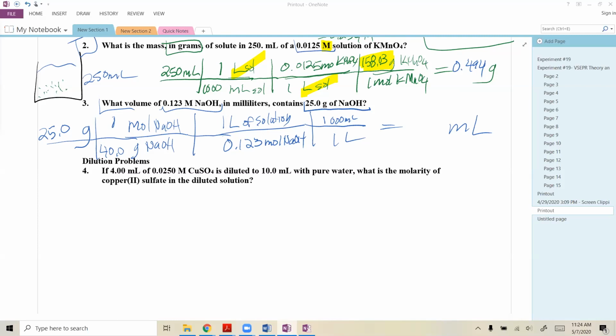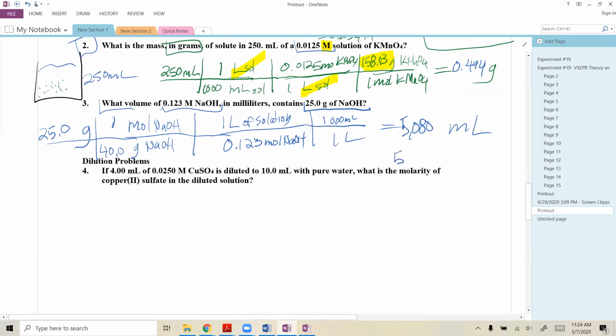And so just watch your significant figures, right? We should only end up with 3 significant figures. It looks like we're falling into the right grouping of answers. With our 3 significant figures, we should get something like 5,080 milliliters.